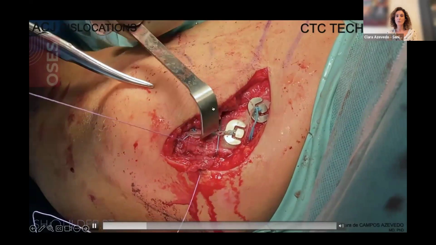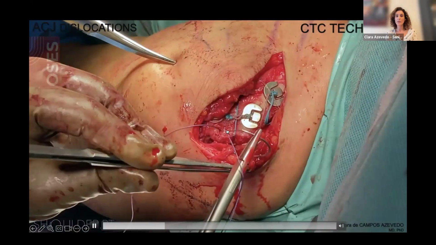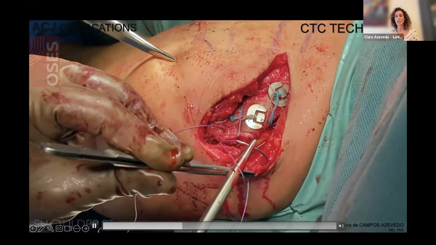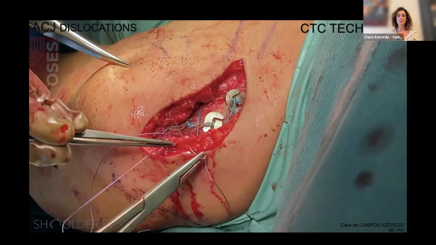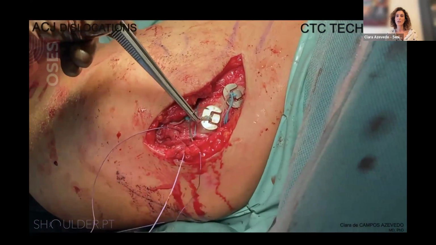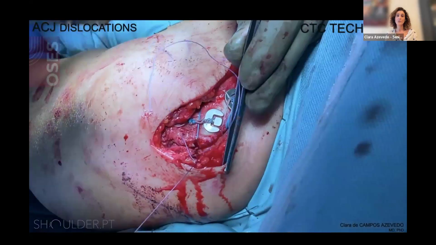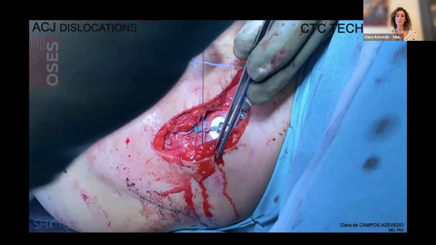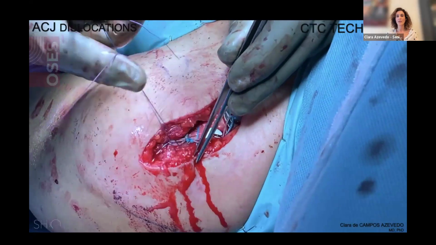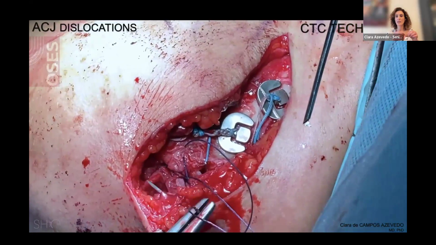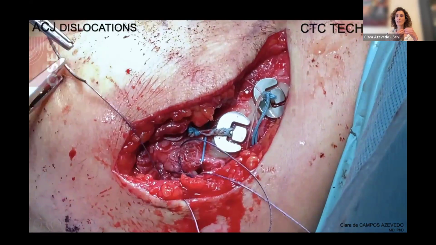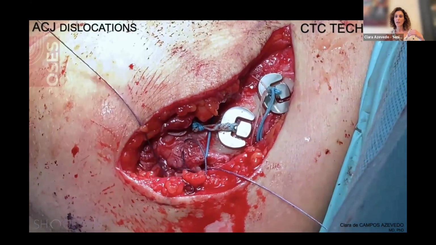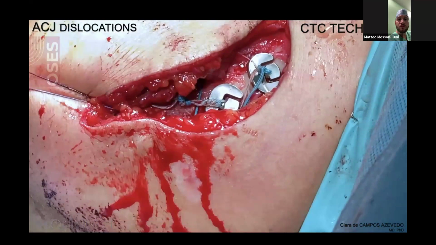Not only address the acromioclavicular joint, but repair the delta trapezial fascia in the end, which also contributes a lot to the stabilization and to avoiding pain in patients who can have the knots under the skin, and then they want to wear backpacks and it hurts them.